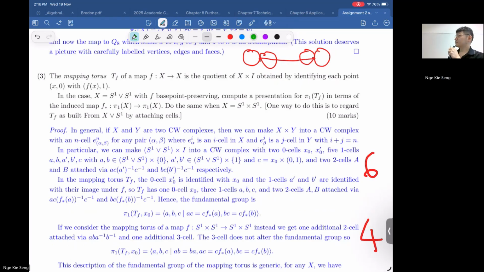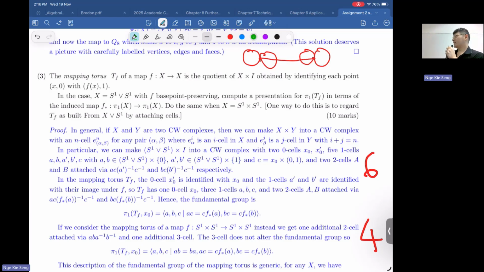So you get the two cell coming from the product set. And then the rest, I think, are quite similar. This is about the mapping torus, because in class we talked about the mapping cylinder. This is the mapping torus, where something gets identified at both ends.